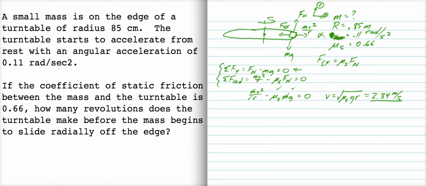I guess I can convert that into an angular speed. Omega is equal to v over r, so that makes it 2.76 radians per second. And now it's just a matter of motion with constant angular acceleration. I know it starts at rest, has a final angular speed of 2.76, and an acceleration of 0.11.